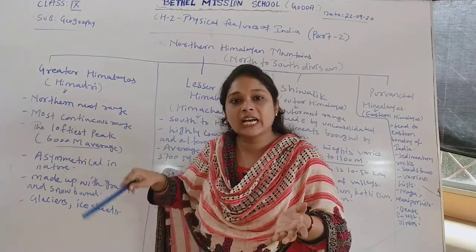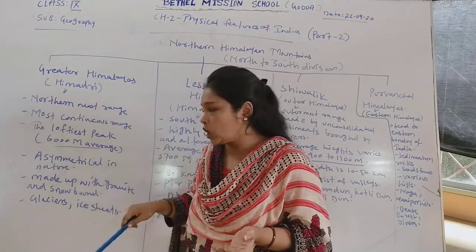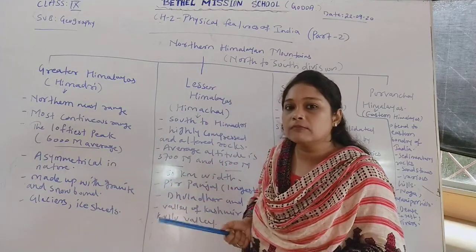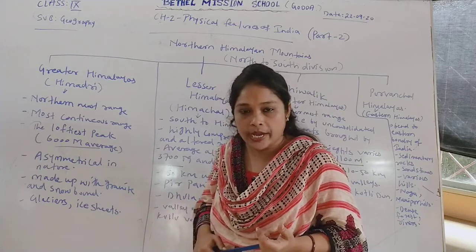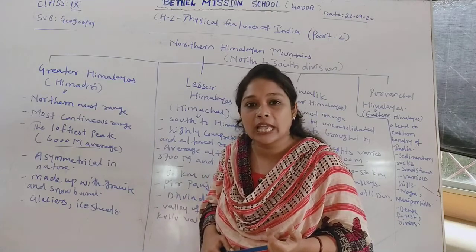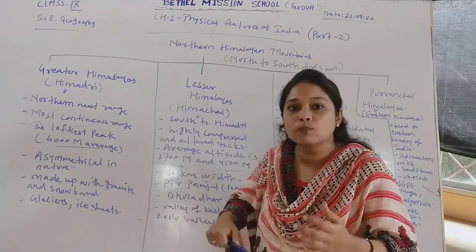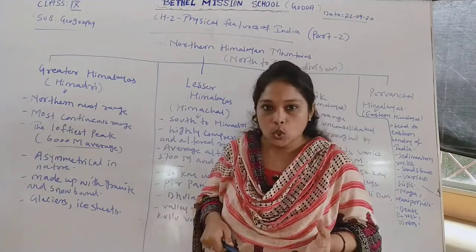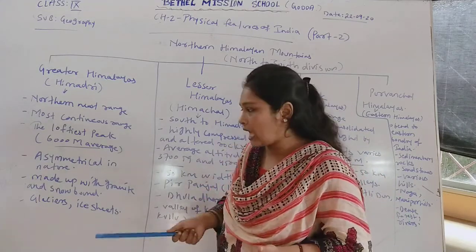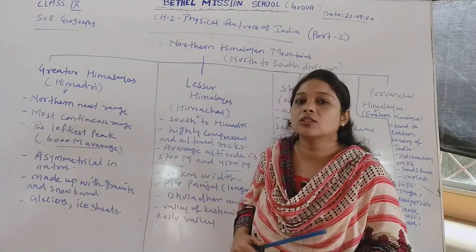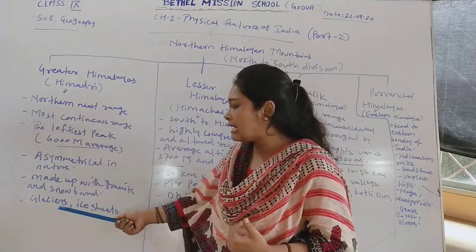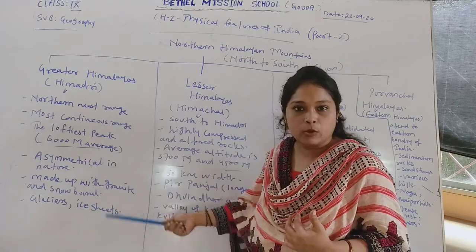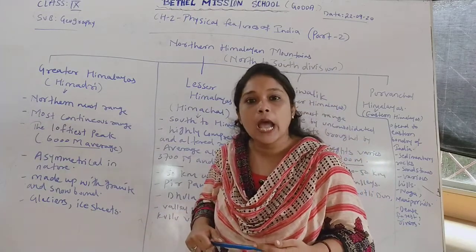These mountains are made up of granite rocks and snowbound, which means mostly covered with snow. And as there is always snowfall and it is always covered with snow, it also has many glaciers and ice sheets because it is the highest peak of the Himalayan mountains.